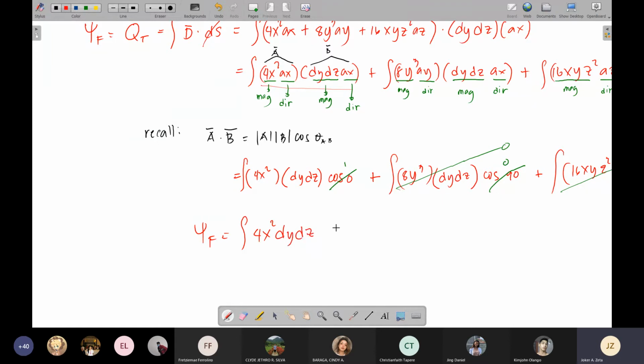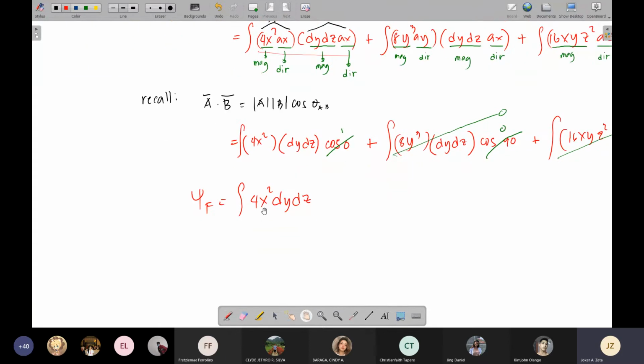The variables here are y and z, since x is considered constant. So we take out 4x squared, and what remains is the integral of dy dz. That becomes 4x squared; the integral of dy is y, and the integral of dz is z.